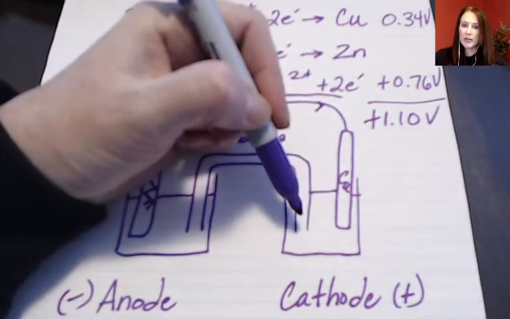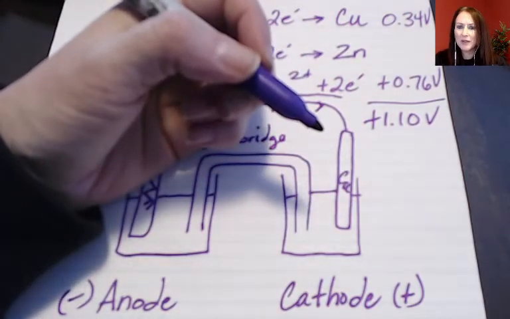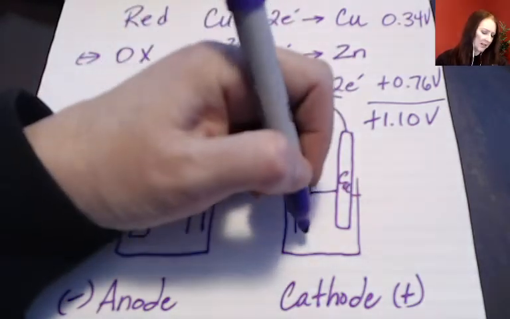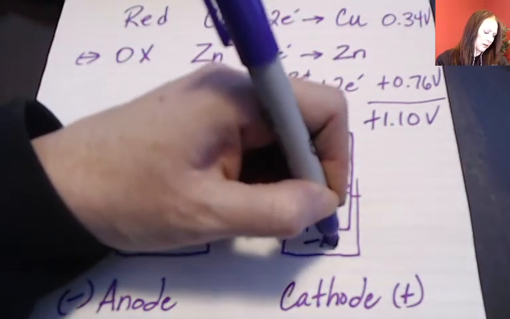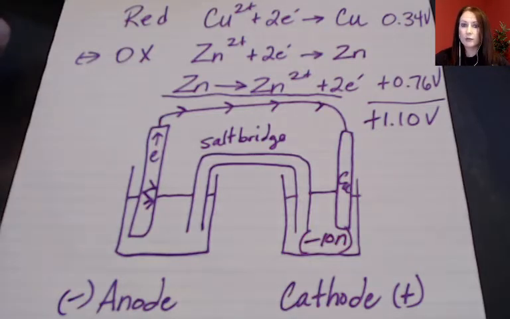In your solution down here, this is the copper. This is probably like, I don't know, copper nitrate maybe. Could be copper sulfate. Whatever it is, it's got a negative ion. But it's not necessarily important what that particular negative ion is, but there's something there in order to get copper into that solution. So maybe a nitrate or a sulfate.